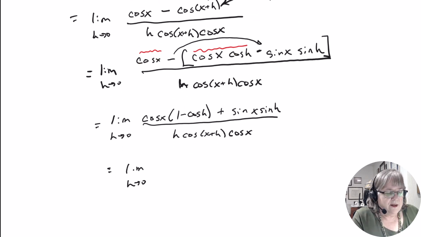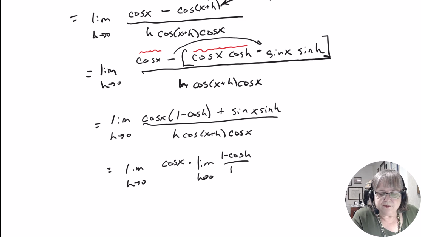All right. So we have the limit as h goes to 0 of cosine x times the limit as h goes to 0 of 1 minus cosine h over this common denominator.